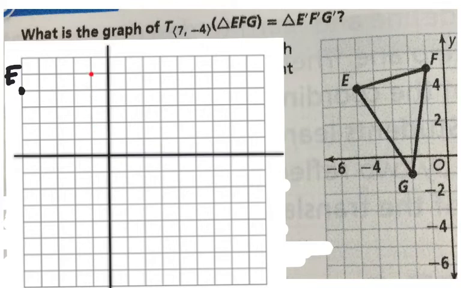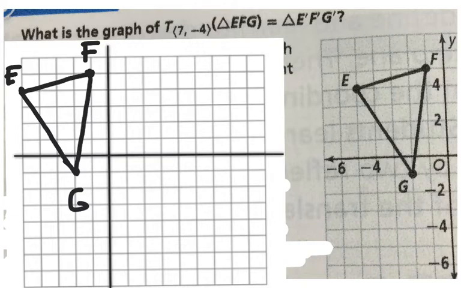So right there would be my point F. And then G is at -2, -1. So I'm going left 2, down 1. Right here's my point G. Then I'm going to use a straight edge to connect them. So here's my triangle EFG.